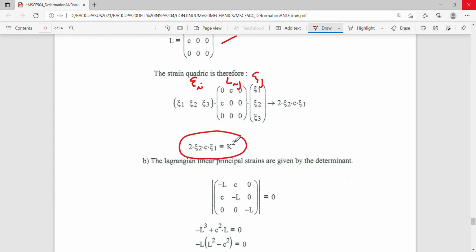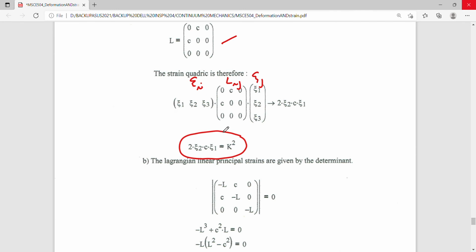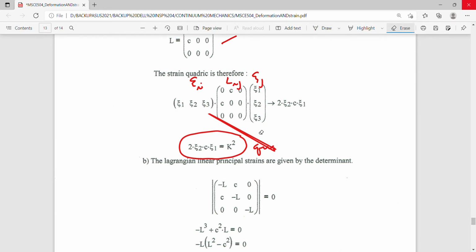Okay? So this is your strain quadric, which represents the surface of the quadric. Okay, so this is the equation of the quadric surface.